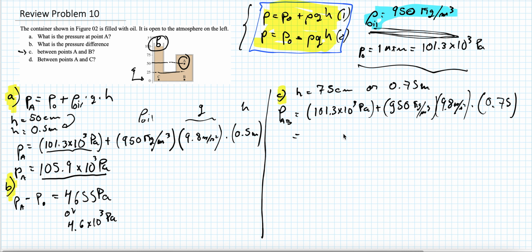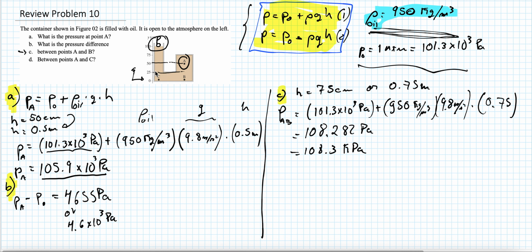So the number will be 108,282 pascal, or if you prefer, 108.3 kilopascal. Okay. So this was letter C.